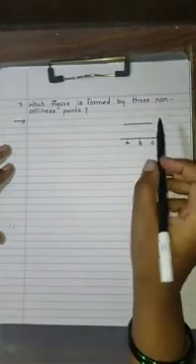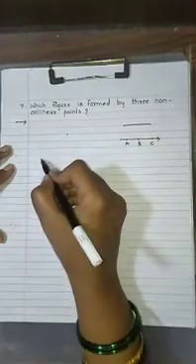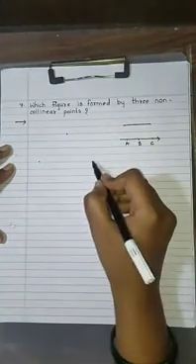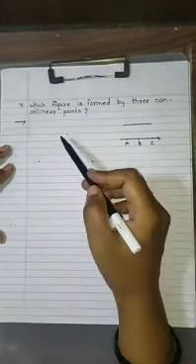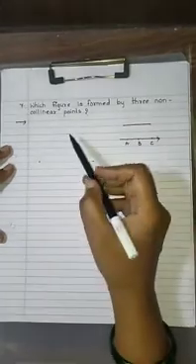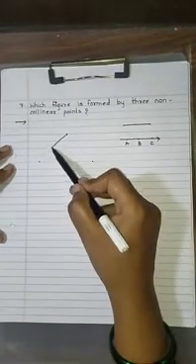Now if you take any 3 non-collinear points, now suppose 1, 2 and 3. Okay, I have taken 3 non-collinear points. So which figure will be formed joining these 3 non-collinear points? Now I will join these 3 points.